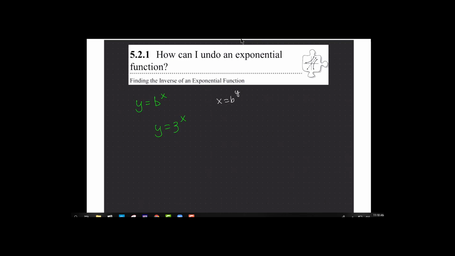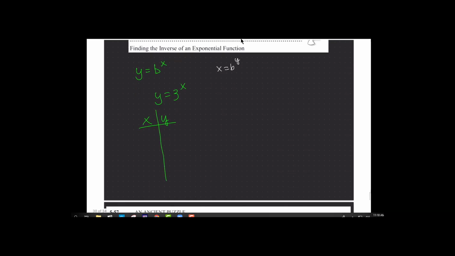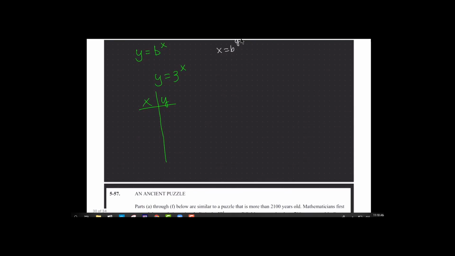So we're going to start off by making a little table. We got our x values, and we plug them in to figure out what our y values are. We'll start with -2. If I plug -2 in, I would have 3 to the -2. And if I have 3 to the negative 2, what do I do with the negative exponent? This is from semester 1.